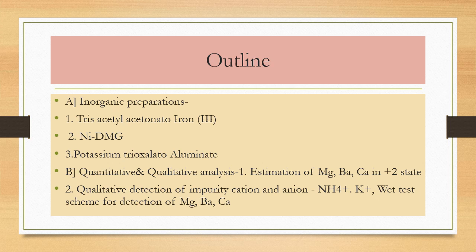Both the impurity ions are to be detected by the wet test method, that is by preparing a water extract, and of course the students are supposed to know the detection of major ions, that is magnesium, barium and calcium, by the wet test method.